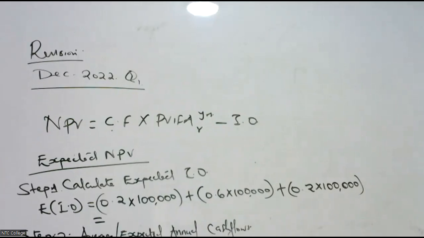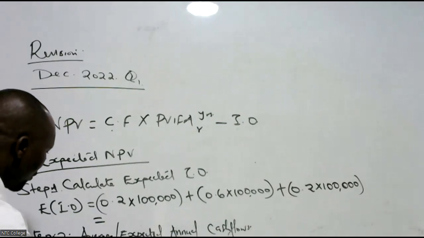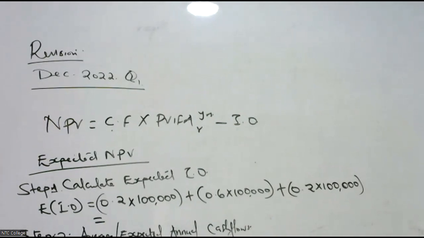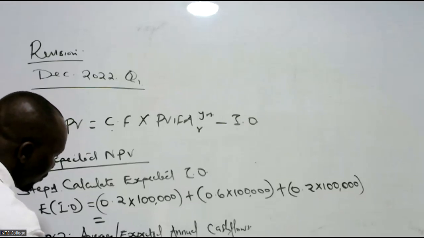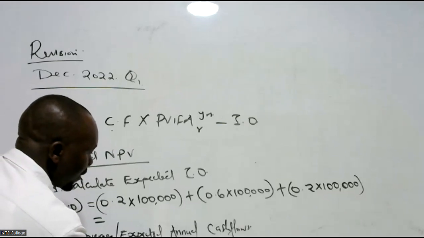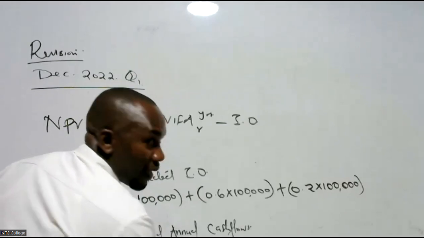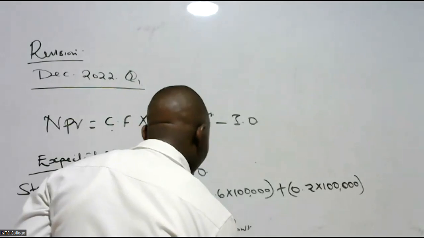So that means that if you get for year one, we can say now all of them are average for the whole 5 years. So average here, we are going to have the cash flow which we call expected annual net cash flow, so it is expected net cash flow. We can get it by having 0.2 times the cash flow in year one, which is 20,000. Plus 0.6 times the cash flow in year two, which is 30,000. Plus cash flow in year three.